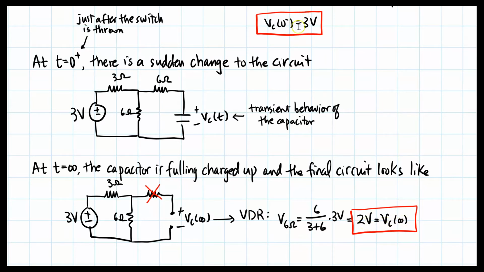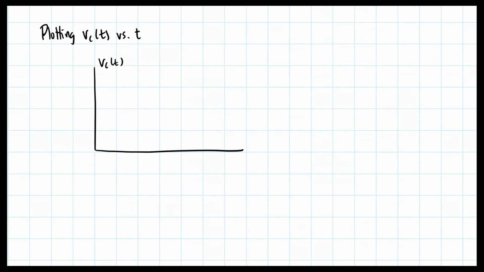So when I look up here, it started at 3 volts. When I look at t equal to infinity, the voltage is now at 2 volts, so therefore the capacitor discharged during this process. Plotting Vc versus t, we know that before the switch is thrown, the voltage is at 3 volts. And the other thing that we know is that Vc at infinity is 2 volts.